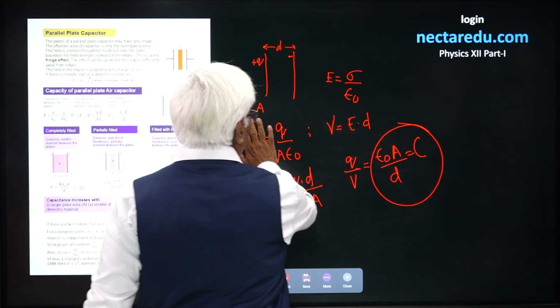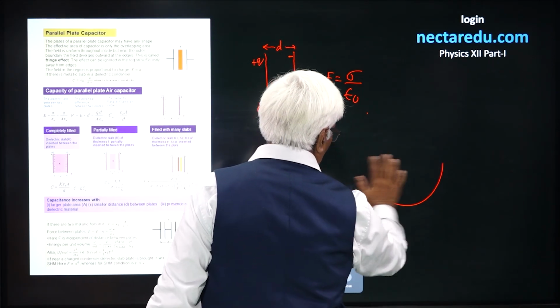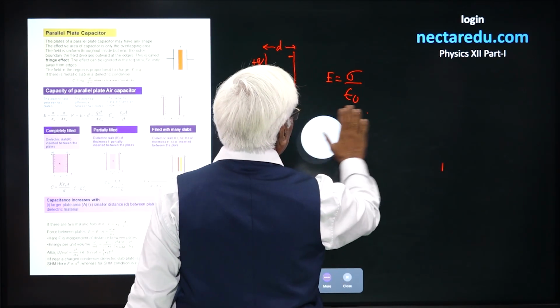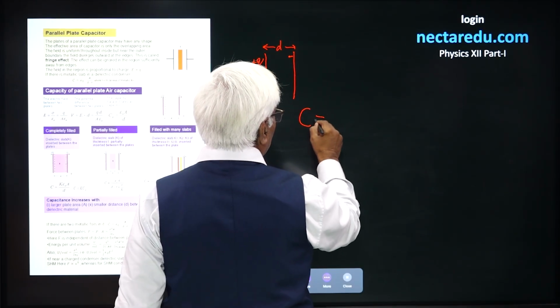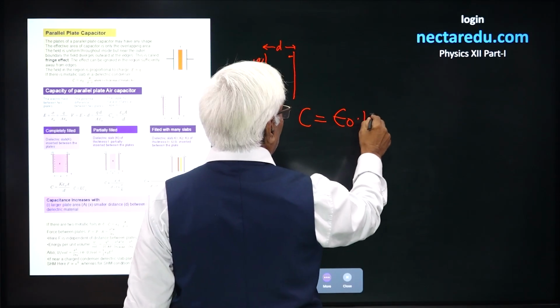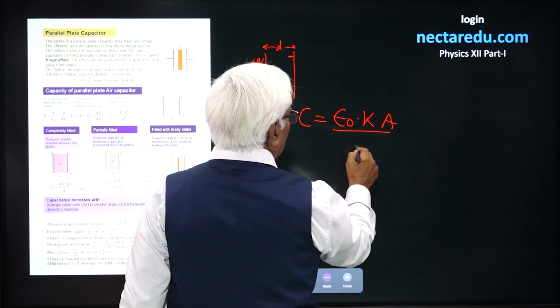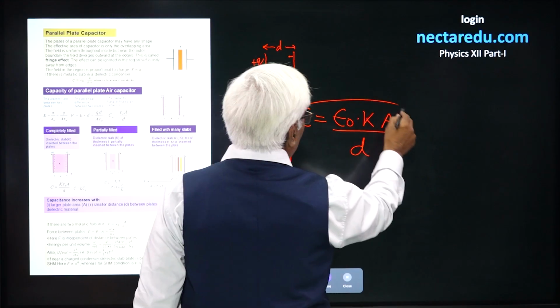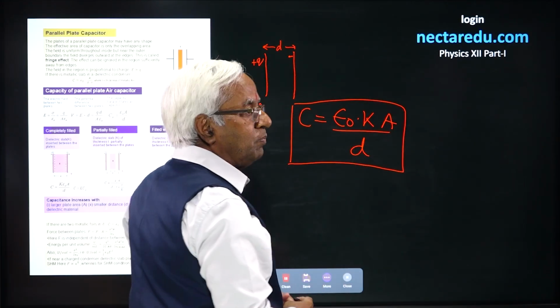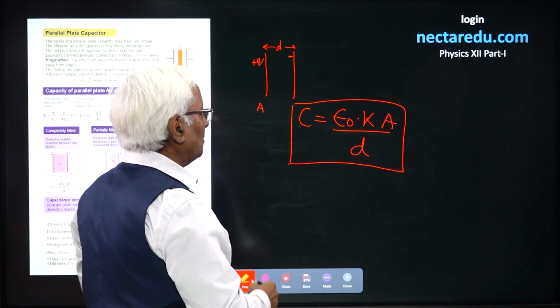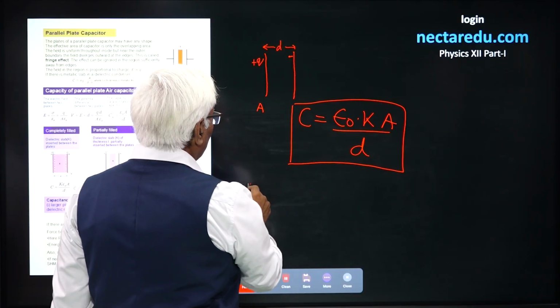If you use some insulator, or you might call it a dielectric, then in that case we see that the capacity is going to be K times. You could say when we fill up the space between the two plates of the condenser, the capacity increases to K times.